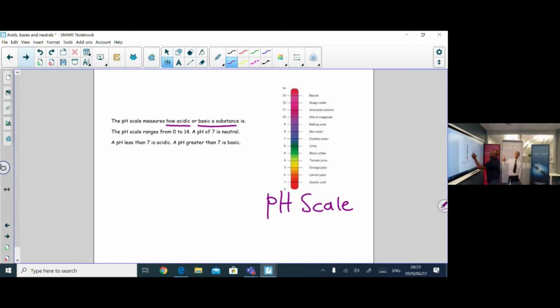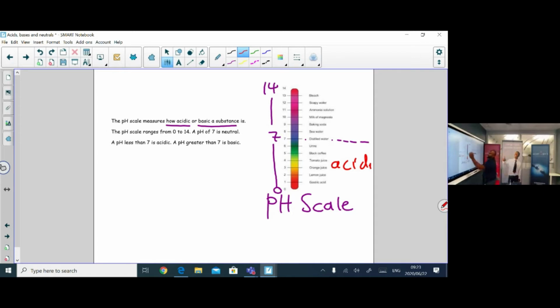We should make a demarcating line here from 0. A pH scale is a graduation or measurement from 0 to 14, with 7 being the middle. This side becomes the acidic side, from 0 to 7.